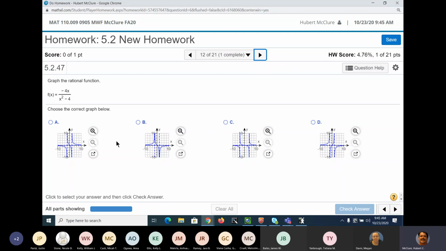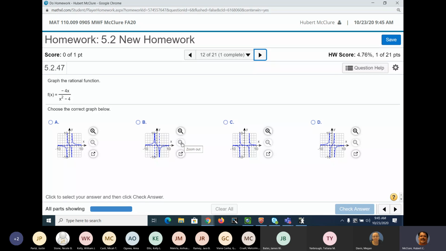We know that the x squared function looks like this, so it's going to be some kind of variation of this function.